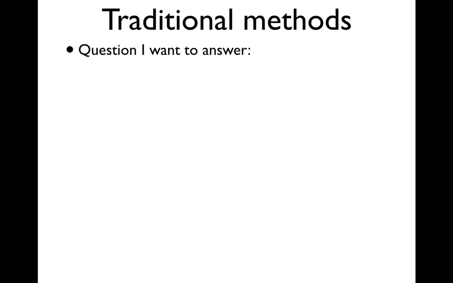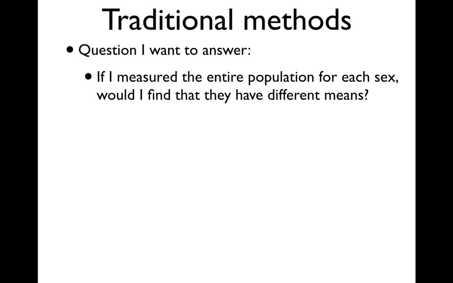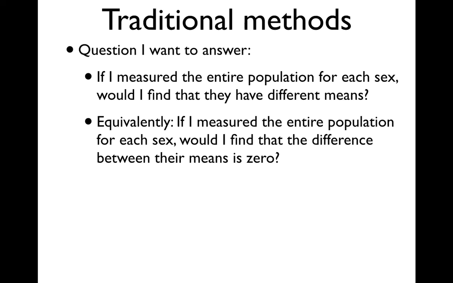So given that choice of using the arithmetic mean to talk about these two populations, again, we want to ask: if I measure the entire population for each sex, would I find that they have different means? Another way of phrasing that is, would I find that the difference between their means is 0?